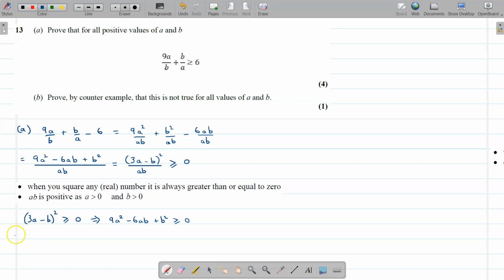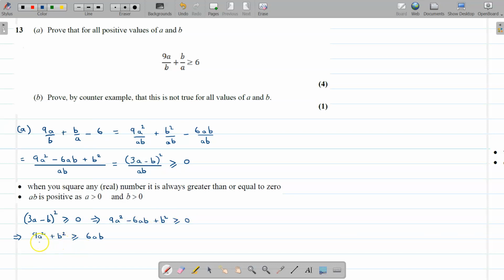Okay, but we're now proving the result is greater than or equal to 6. So the next step is to write that 9a squared plus b squared, okay, is greater than or equal to 6ab, because I'm just moving the 6ab, which is all positive, remember, onto the other side.